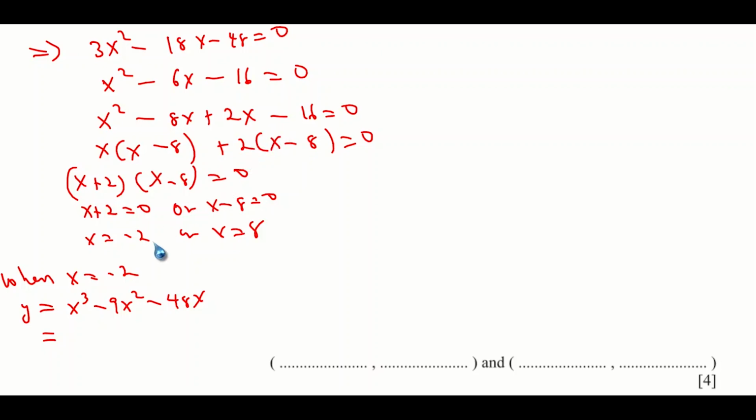The value of x is minus 2, so that will be minus 2 to the power of 3, then minus 9 into minus 2 all squared, minus 48 into minus 2.